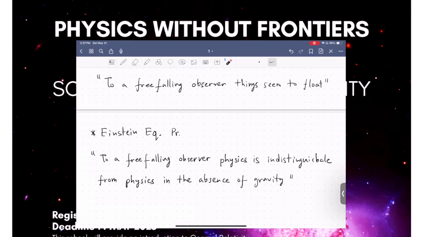is quite startling if you think deeply about it, because in any other case, for electrodynamics or any other forces that were discovered later on, regardless of your reference frame, you can always detect that something is going on.